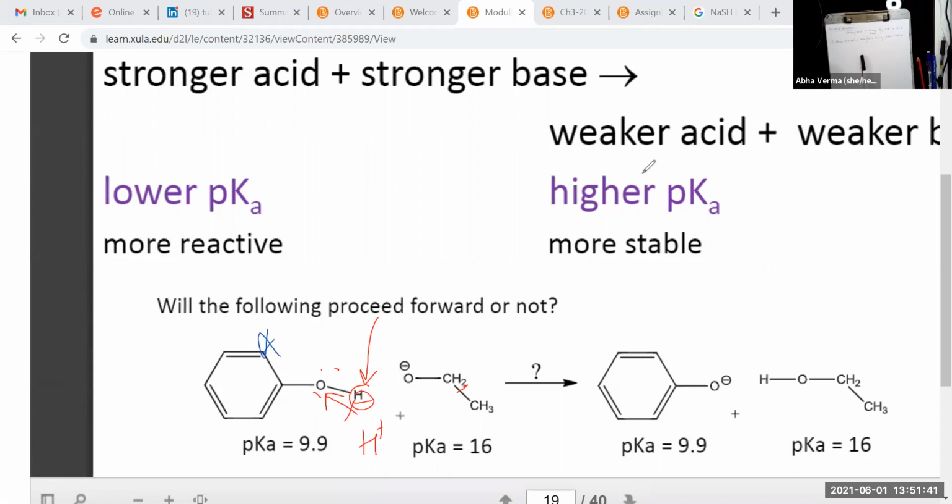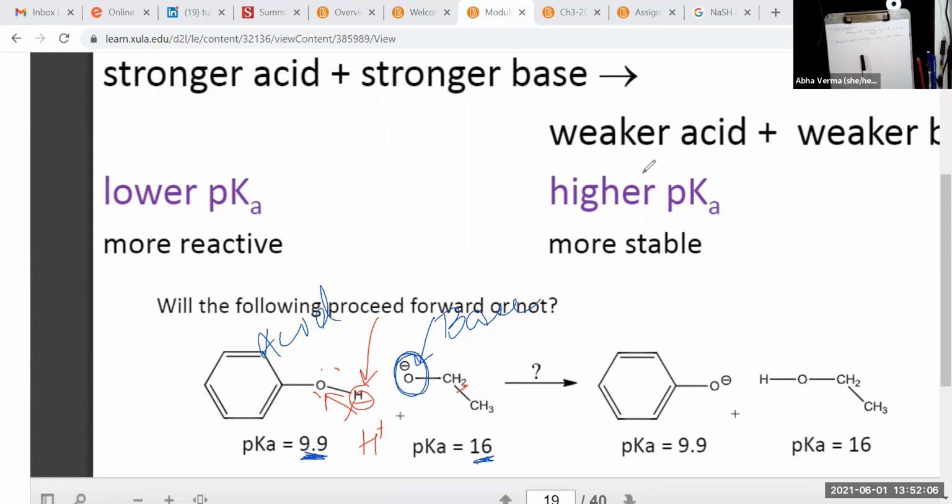This is going to be your acid. Among both these molecules, this oxygen has an excess of electrons, and hence this is going to be your base or the basic site. And this is proved by pKa values also. 9.9 is lower while 16 is a higher number.